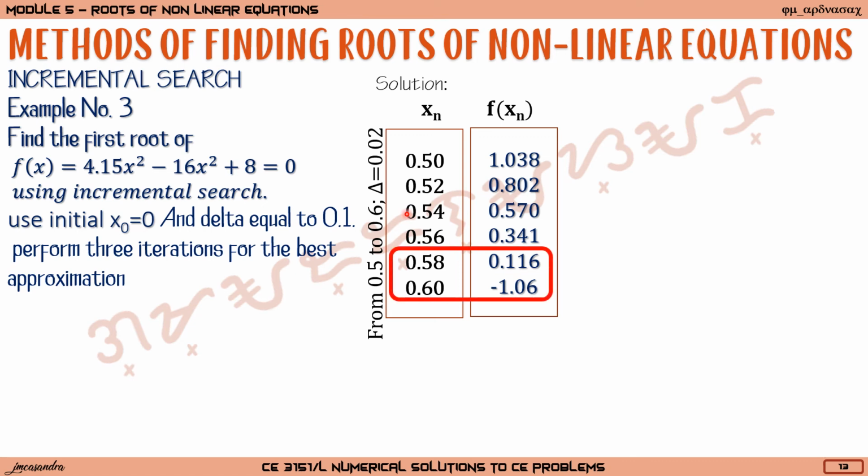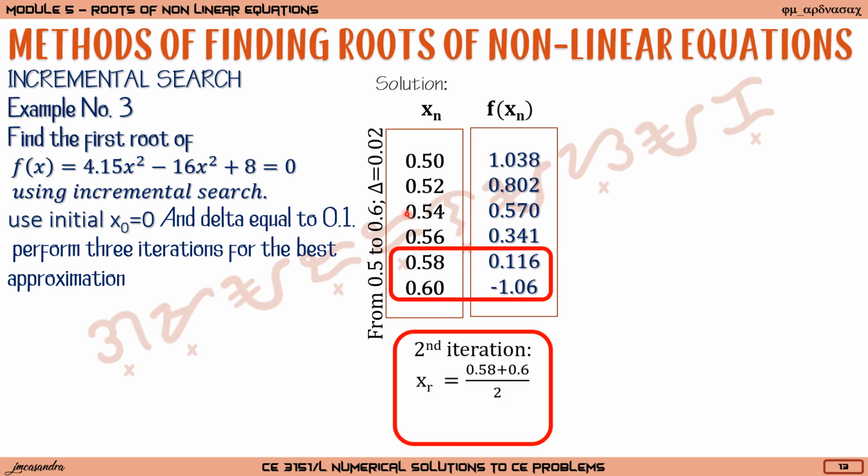So meaning, from 0.5 to 0.6, ngayon sa second iteration natin, we were able to minimize again the interval of our unknowns or the limits of our root. So for the second iteration, the root now can be estimated at 0.58 plus 0.6 divided by 2.